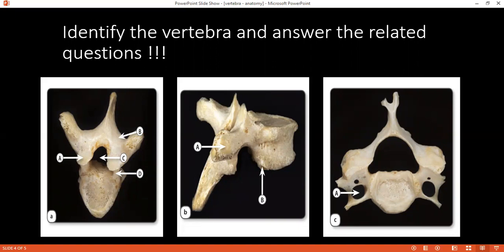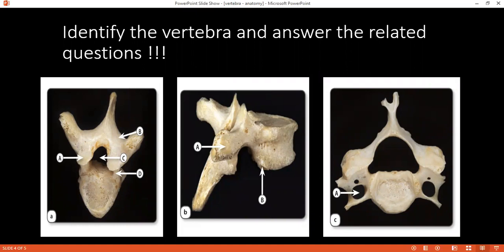Okay. Can you please tell me which ligament is attached here, at the upper spinous processes of the cervical vertebrae? There is something called the nuchal ligament.